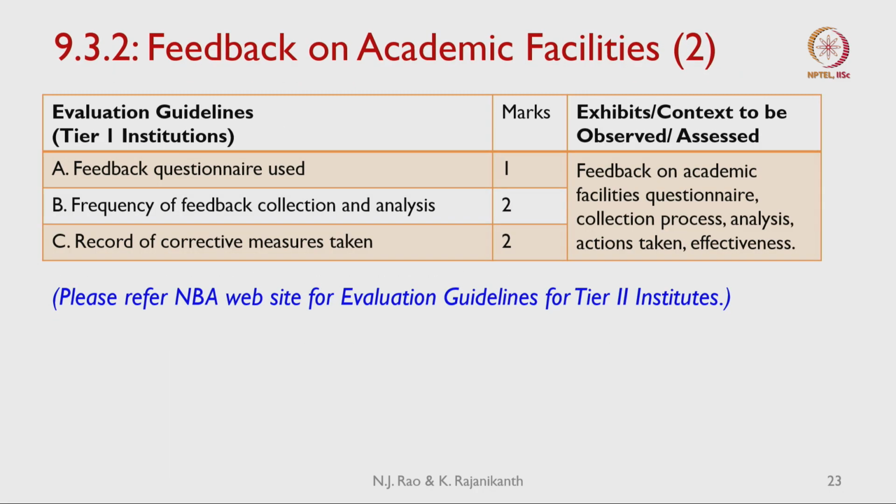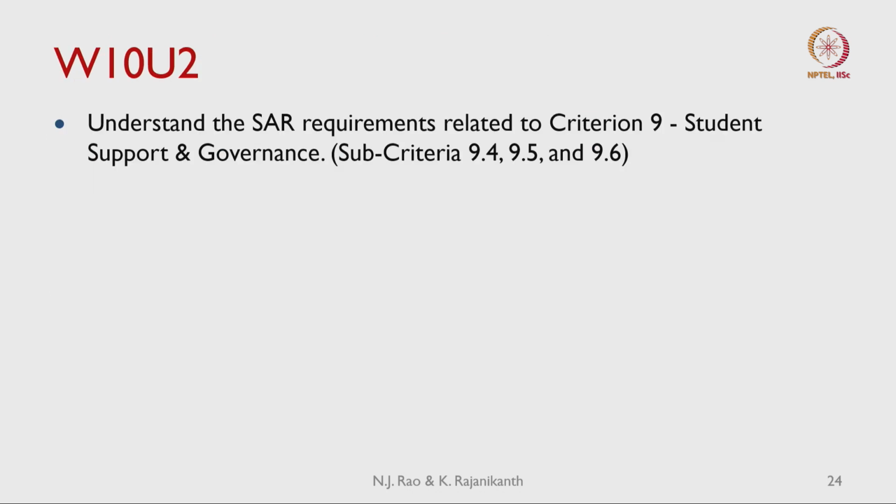So, the guidelines are very clear. Feedback questionnaire used 1 mark, frequency of feedback collection and analysis 2 marks, and record of corrective measures taken 2 marks. So, that is how it is done, and this again is for Tier 1. For Tier 2, please refer to the website.